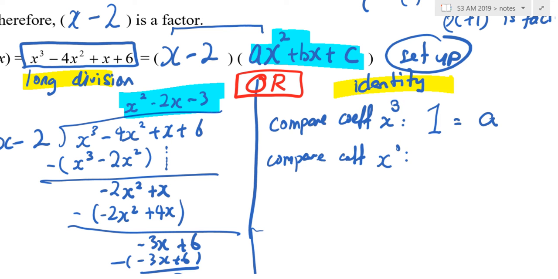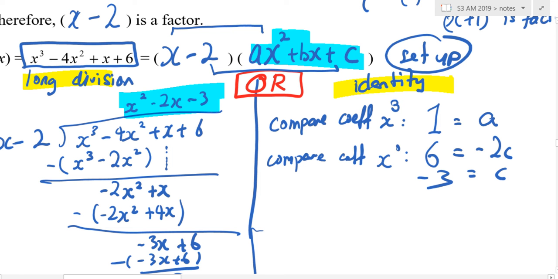Minus 2 times c. Right? The rest will all give you some x or x squared. Only this one will give you a constant. So then you can write big and confident. Negative 2c. What is c? Negative 3. So 2 statements, 2 unknowns solved.